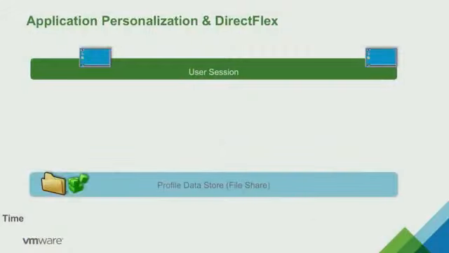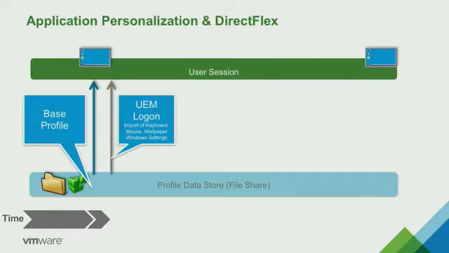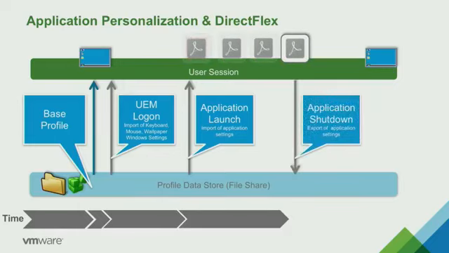All right, so here's how it works. We mentioned that the UEM agent pulls a base profile at the initial logon from that configuration share. Okay. Then any user-specific settings are pulled down, specifically Windows settings. Okay. When an application launches, the settings for that specific application are pulled down, and as the user uses that application, they make changes to the configuration.